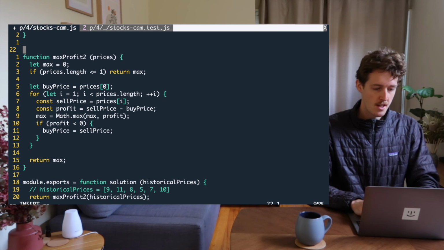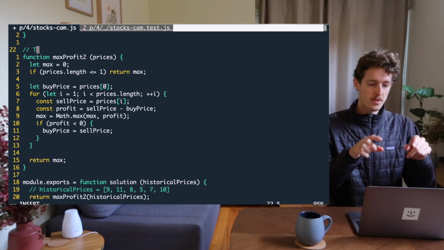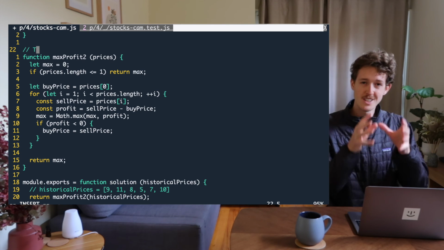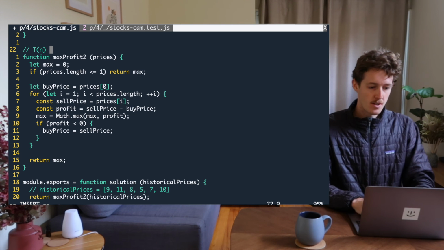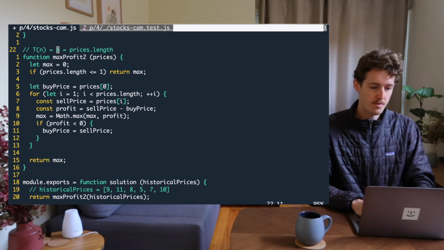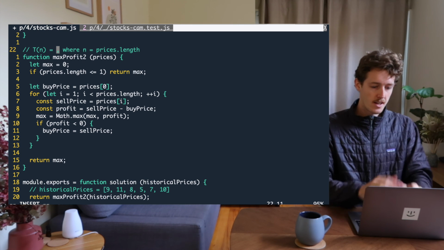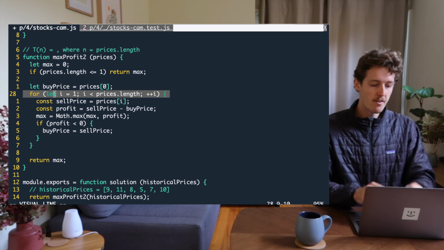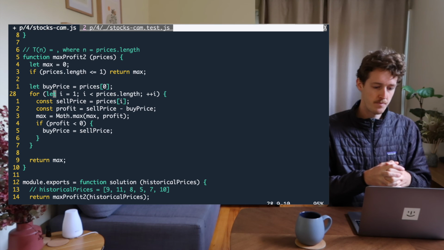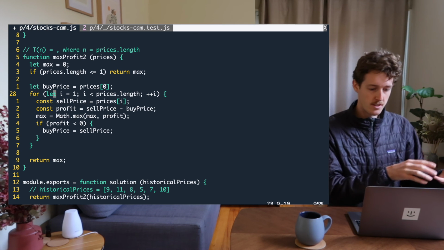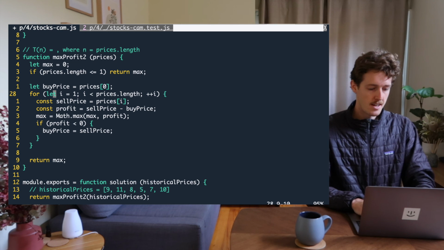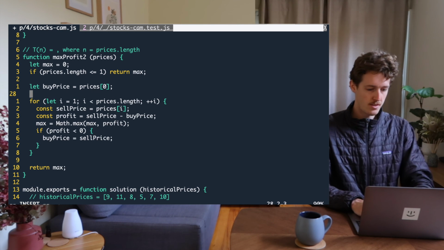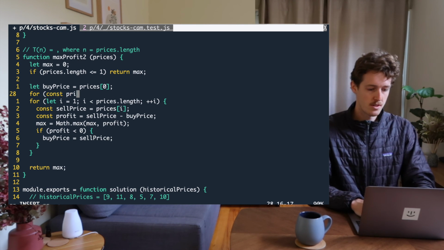Where we can say the time here, well, we're doing just one for loop. So it's actually linear time, where n equals prices.length. In this case we just iterate over the prices, and I think we can just go const price of prices.